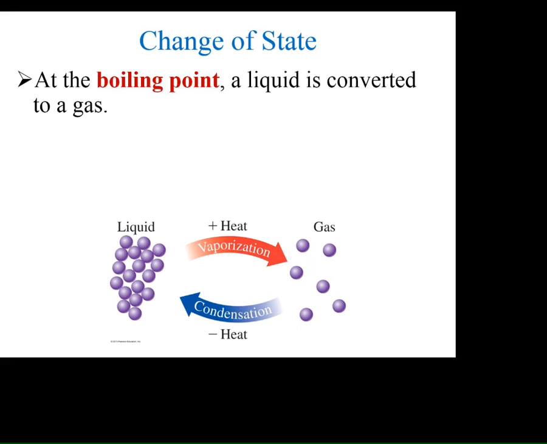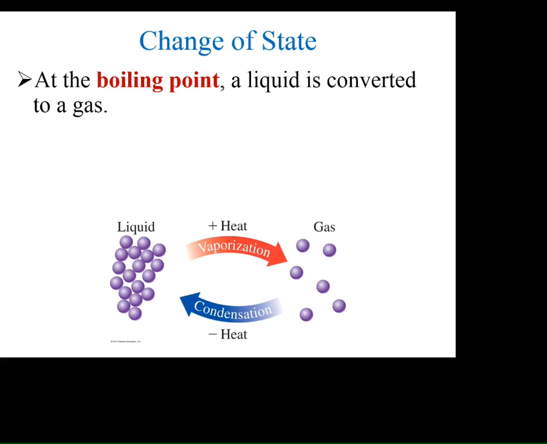Okay. So let me say, solid going to liquid, liquid going to solid. Solid going to liquid, that's called melting. Liquid going to solid, it's called freezing. How about going to a gas?